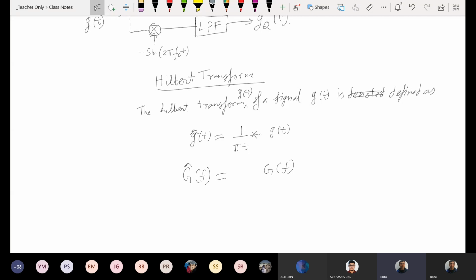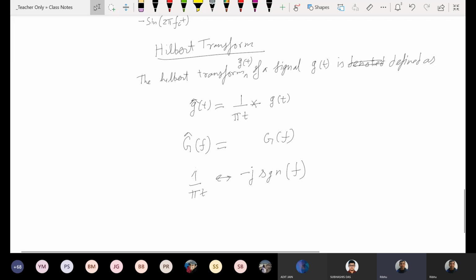If you look at important Fourier transform pairs, you find that 1 over pi t is the Fourier transform of minus j signum of f.